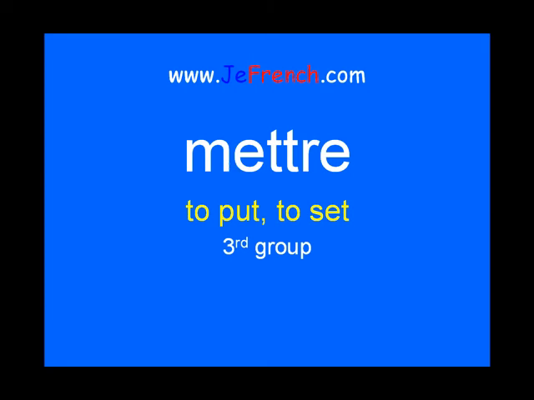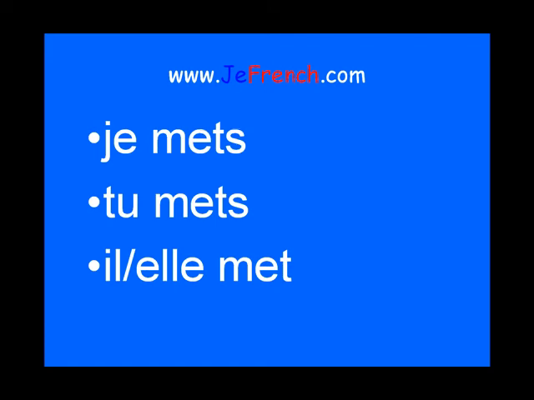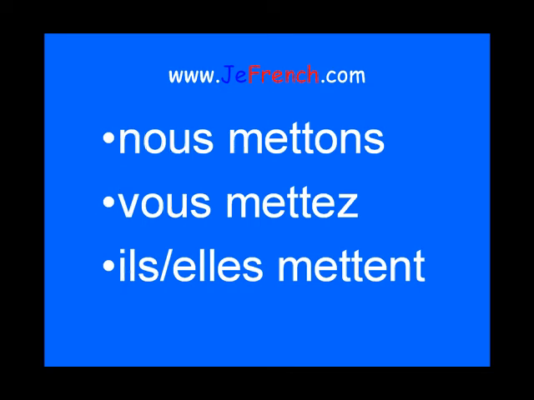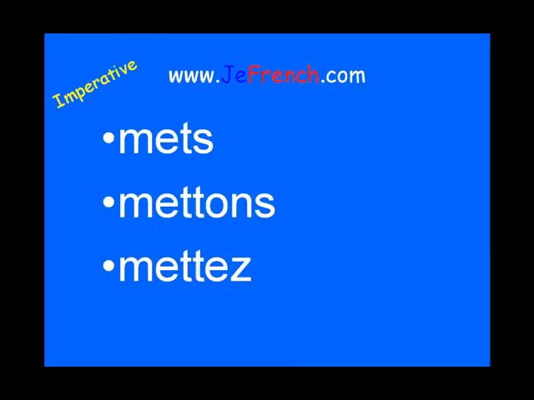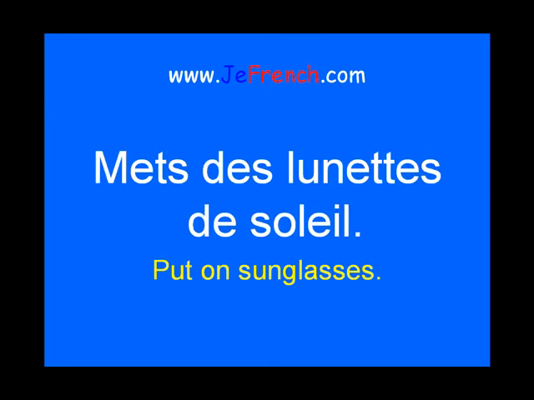Mettre, to put, to set, like to set the table. Je mets, tu mets, il met. Nous mettons, vous mettez, ils mettent. Imperative, mets, mettons, mettez. Mets des lunettes de soleil. Put on sunglasses.